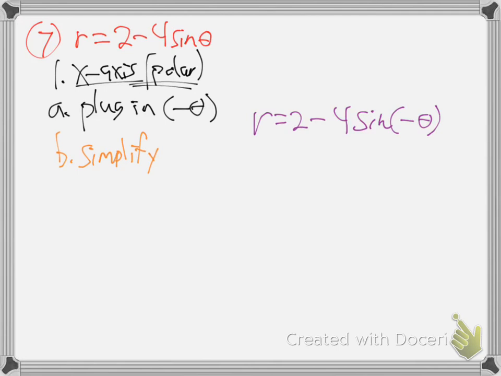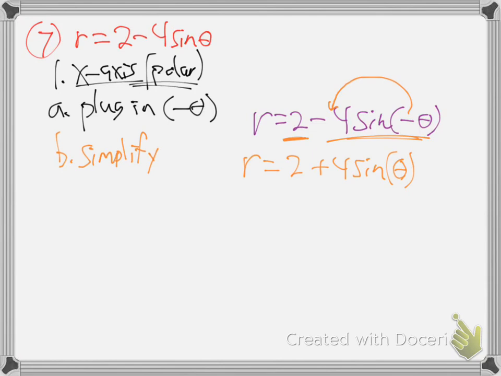Remember, this is one separate term, and this is a second separate term. They're separate, aren't they? So this negative is going to go right there to the front of this term. So it'll become 2 plus, right? The negative 4 sine negative theta, the negative comes to the front of that term.